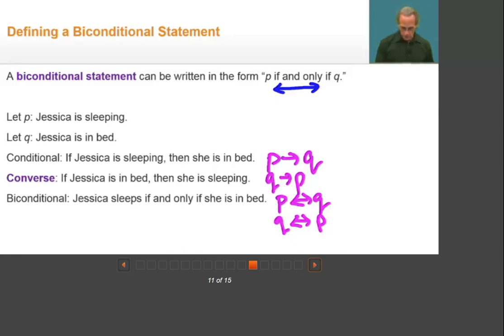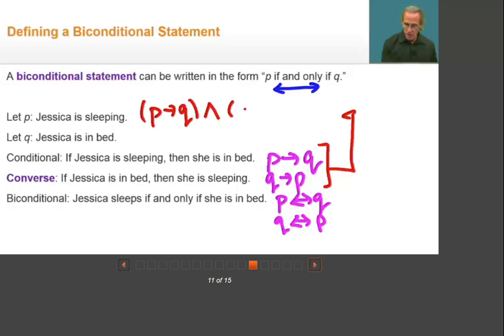So that's what we'll do. We'll take these two statements and join them with an and.